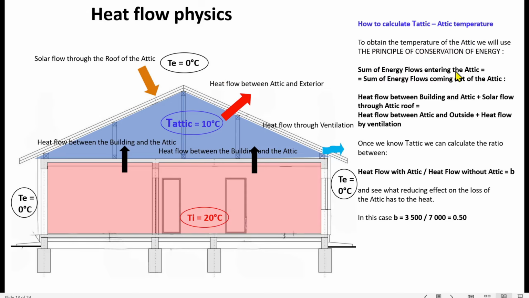The sum of energy flows entering the attic is equal to the sum of energy flows coming out of the attic. That is heat flow between building and attic plus solar flow through attic roof. It is equal to heat flow between attic and outside plus heat flow by ventilation.